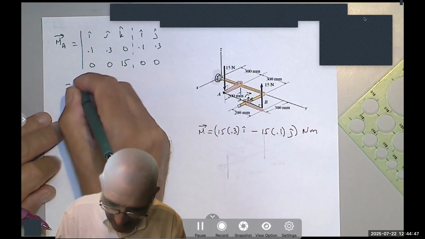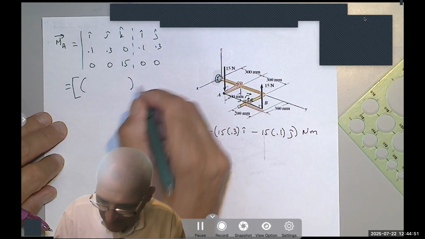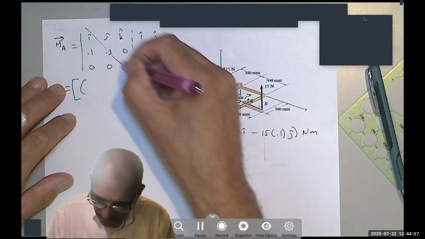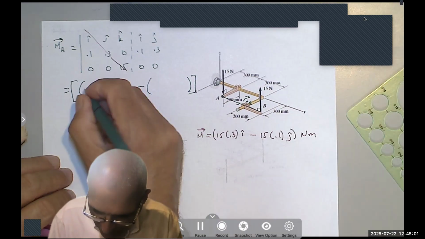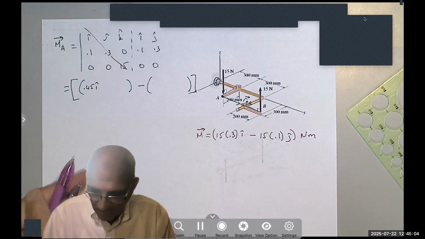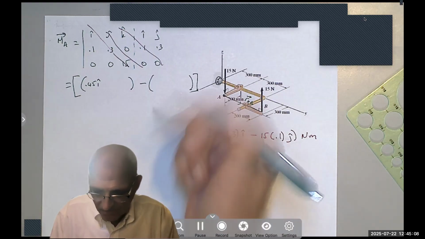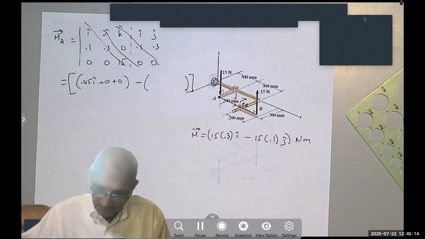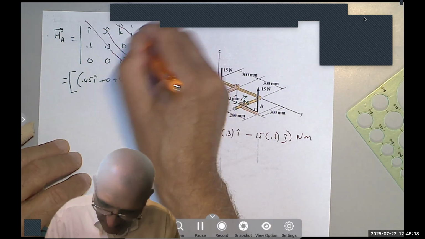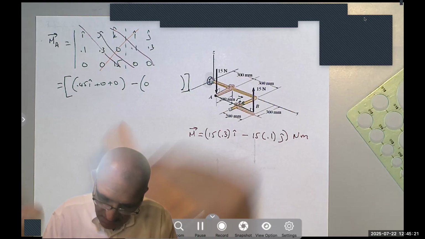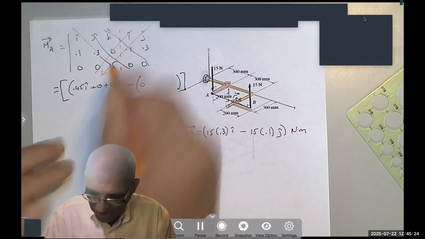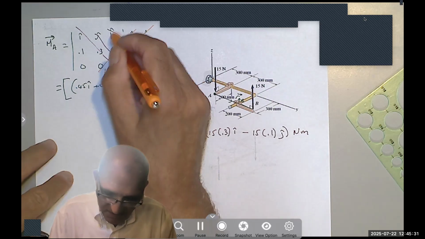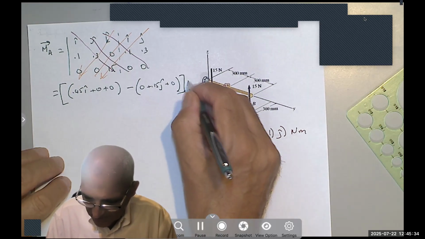Now, I do the moment. I open two pairs of parentheses minus two pairs of parentheses and close the bracket. 15 times 0.3 or 0.45 i, 0j, 0k. So plus 0 plus 0, or you can leave them blank. In the opposite direction, 0i, 15 times 0.1 is 0.15j, positive, so plus 0.15j, 0k, plus 0 Newton meter.